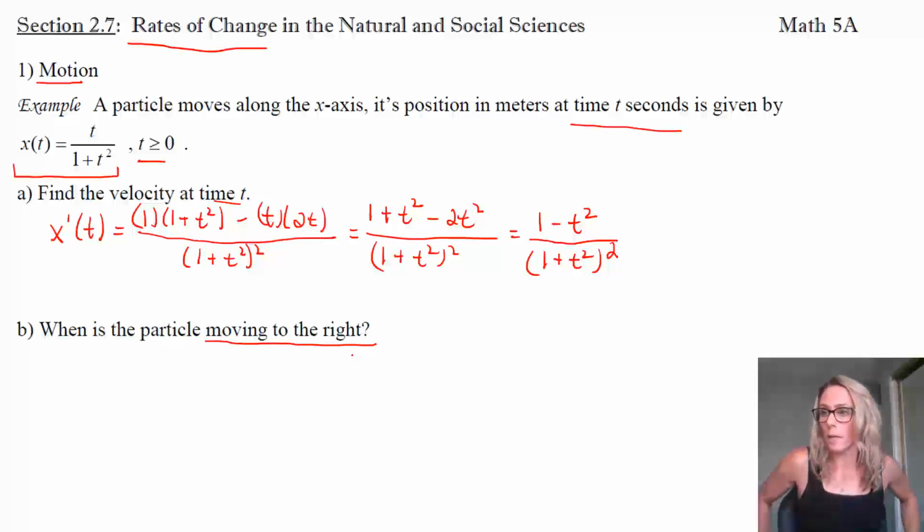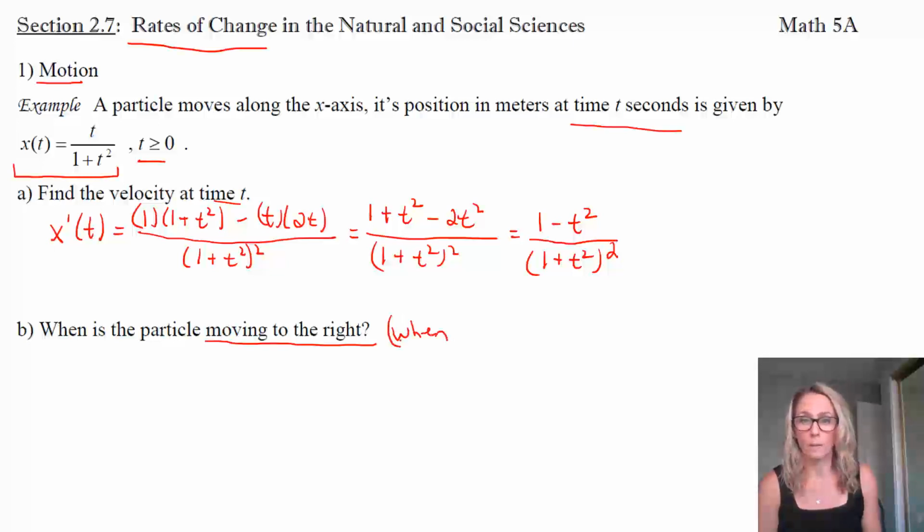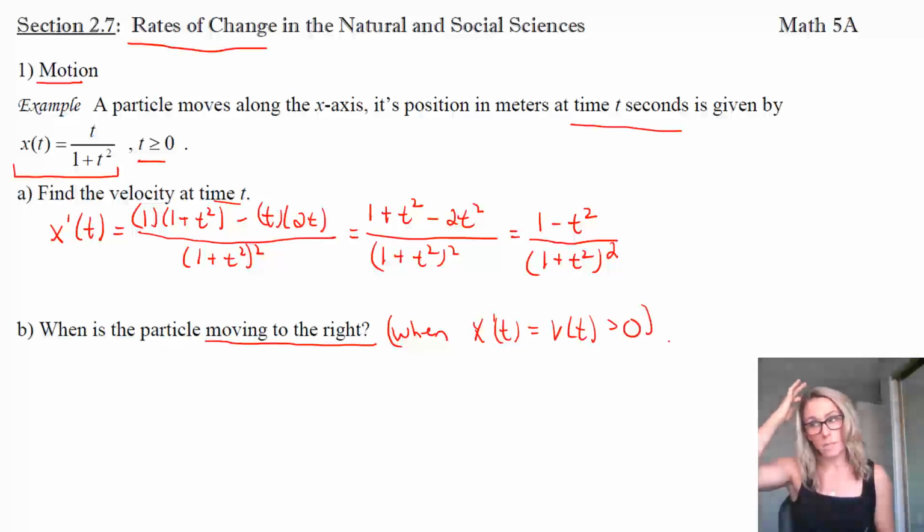So another way to think about this question is that the particle is moving to the right when x prime of t, which again is the velocity, v of t, is greater than 0. So all we want to do is find out when the derivative that we found is greater than 0. That's when the particle will be moving to the right.